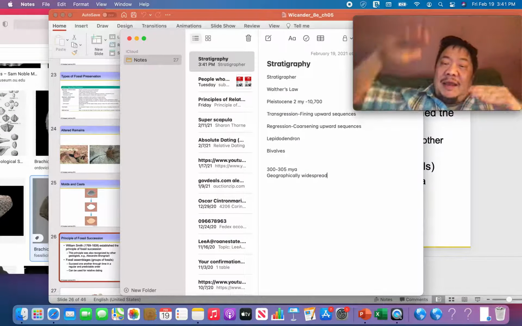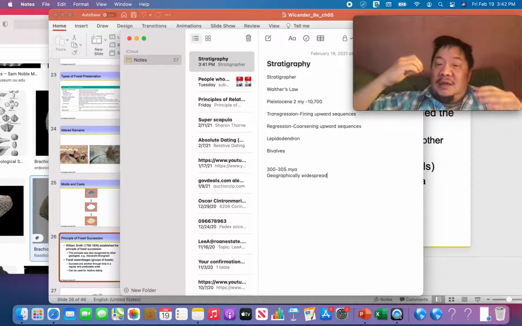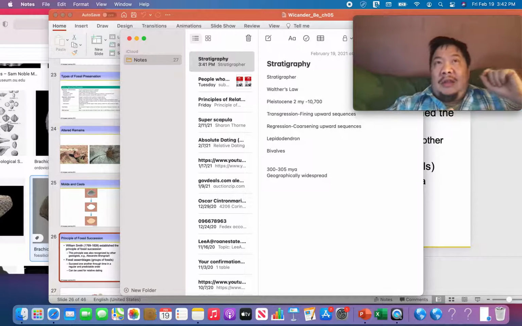Then if we find this particular type of brachiopod species in a rock in Tennessee, let's say in Knoxville, we know that that rock formed 300 to 305 million years ago.